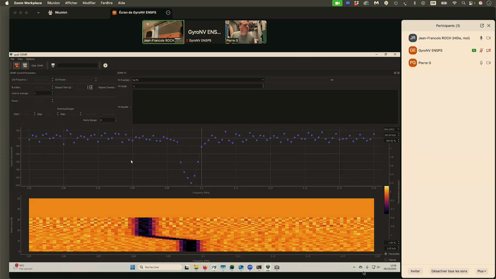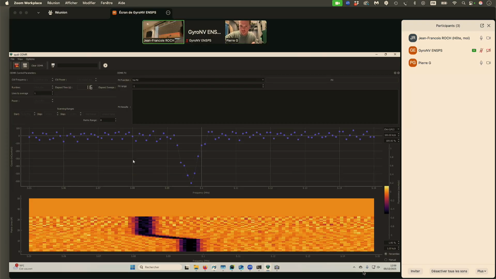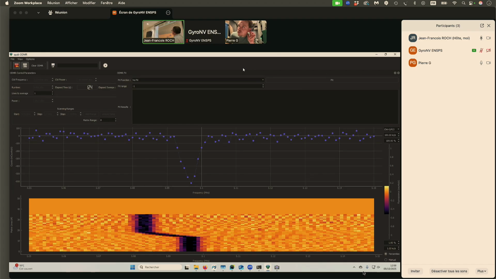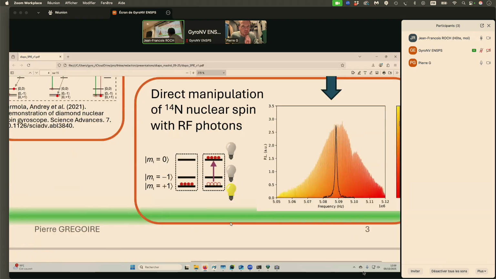Well, maybe Pierre, you should explain what is the resonance between the M values that we measure? Tell me again? Well, maybe come back to the scheme. The scheme? To the slide, yes. And explain, we do not observe directly MI +1 to MI -1.